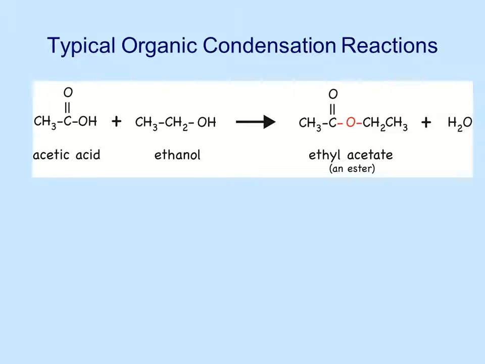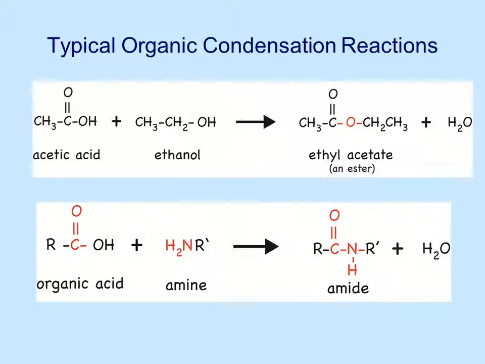Typical condensation reactions take place between two different types of compounds, two different monomers. In this case, you form ethyl acetate. This is an example of a condensation reaction. The acetic acid and the ethanol form ethyl acetate, the ester. You can form an amide through the reaction of an organic acid and an amine.